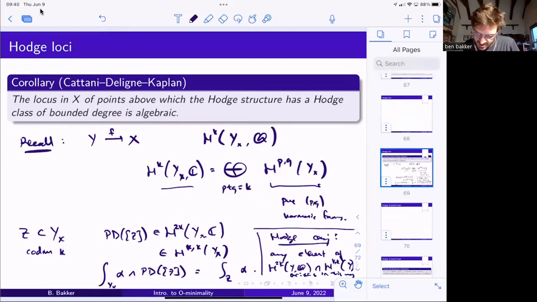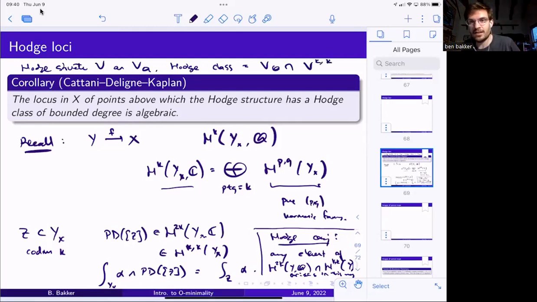So given a Hodge structure V on some lattice V_Q, a Hodge class is something in the intersection of V_Q and the (k,k) part. Let's say this is of weight 2k.